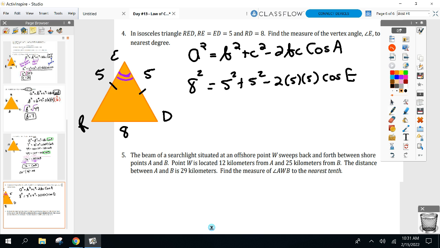All right, hey, go. You cannot figure out what the angle is unless you know what the cosine is. So get cosine E all by itself. Can you do it? Remember, you cannot combine all 3 on the right side. The first 2 you can, though.